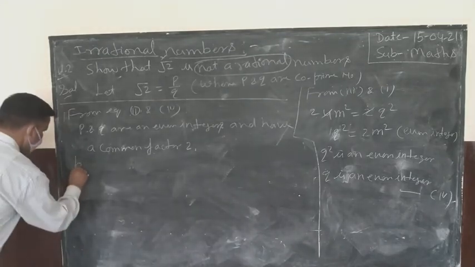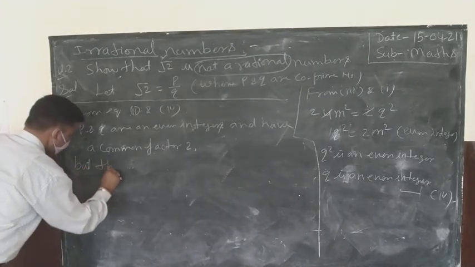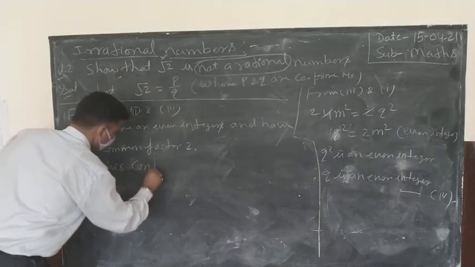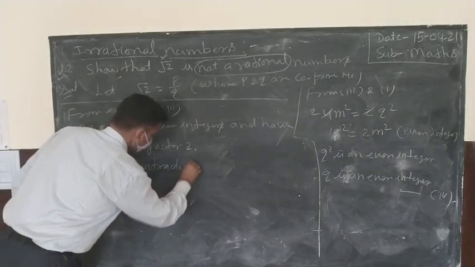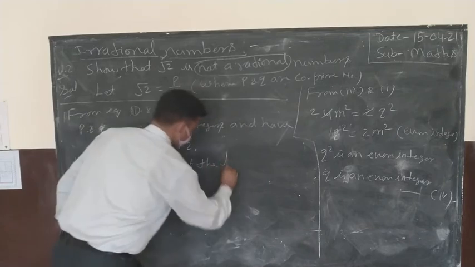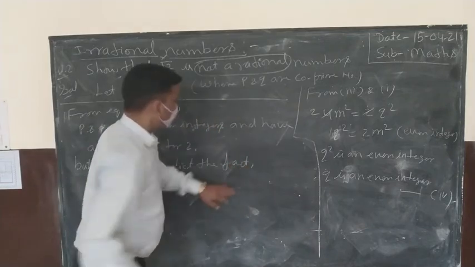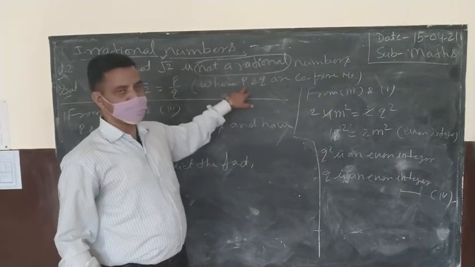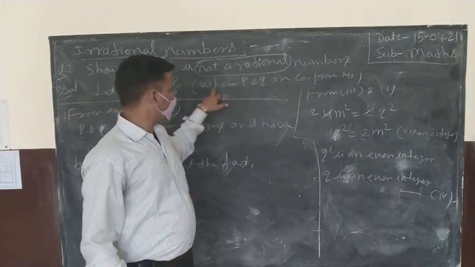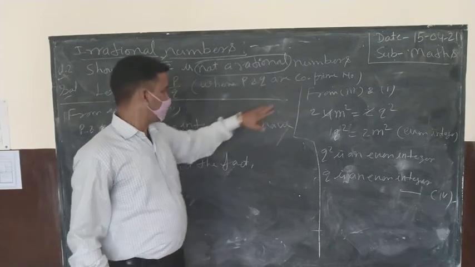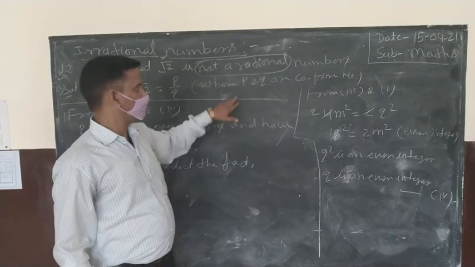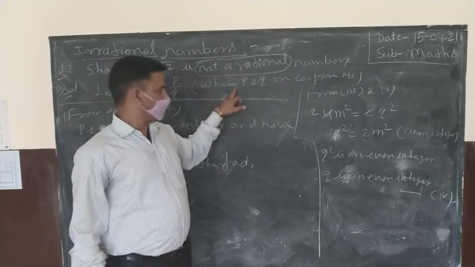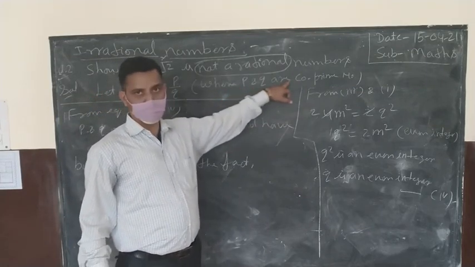You can say this contradicts the fact, meaning this result is not according to the given fact. The given fact is that p and q are co-prime.